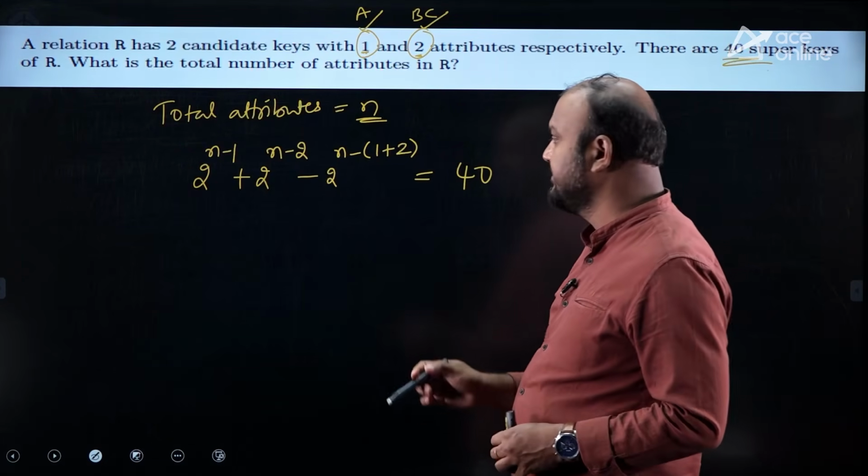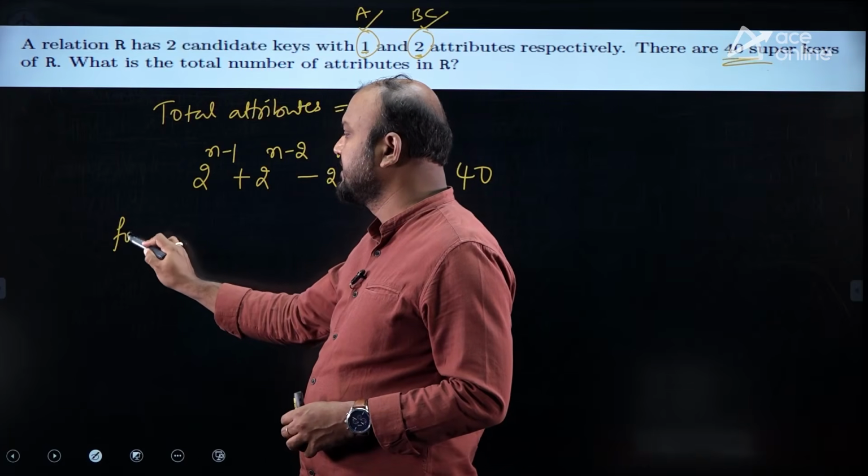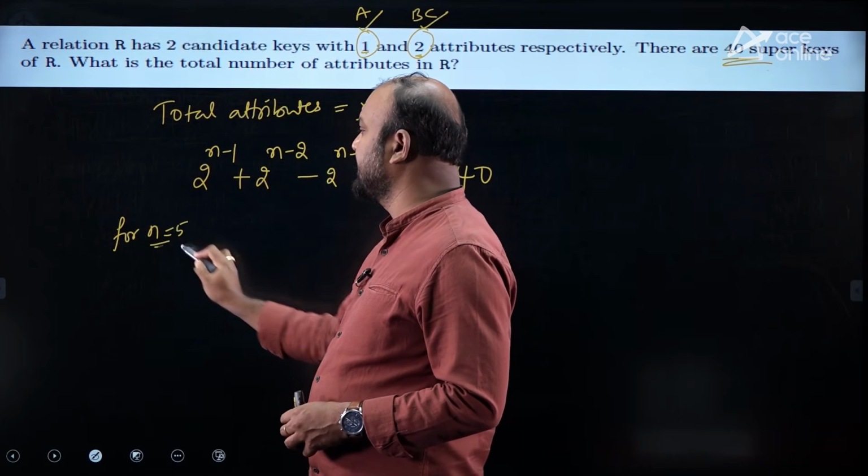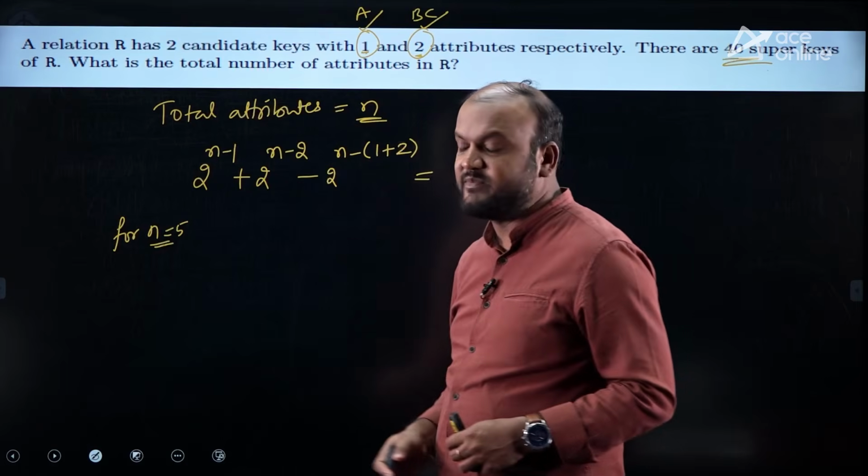Suppose for n equal to 5, just randomly I am checking because 40.